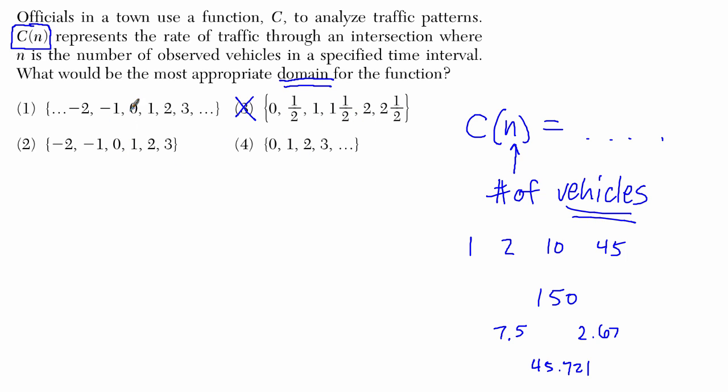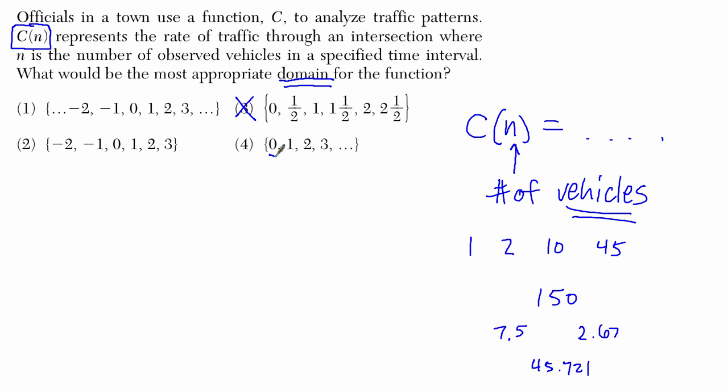Then we have to look at our other answer choices and ask which of these have values that could potentially be numbers of vehicles. Well, I look at this one here and I see -1, -2. Can you have a negative number of vehicles? No, that doesn't make any sense. When we're counting something like vehicles or cars, we start at 0. There could be no cars going through the intersection.